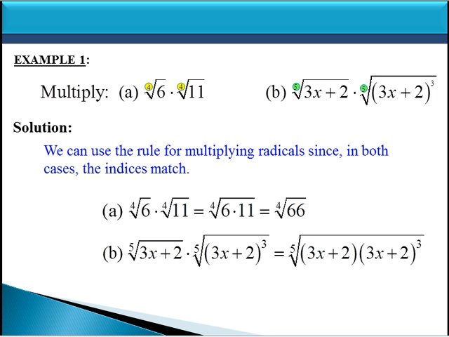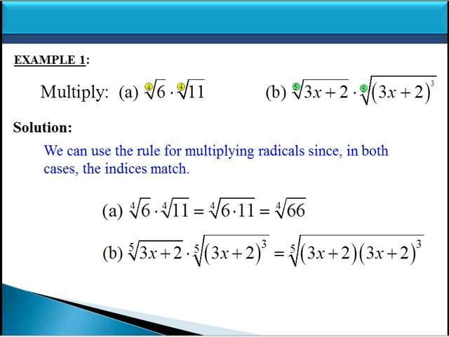Now let's look at example B. Here we have the fifth root of 3x plus 2, times the fifth root of 3x plus 2 to the third. And the rule says that we can multiply those two radicands together and put that product underneath a single fifth root sign. And remember that if you're multiplying something times a binomial, like 3x plus 2, you must put that binomial in parentheses.